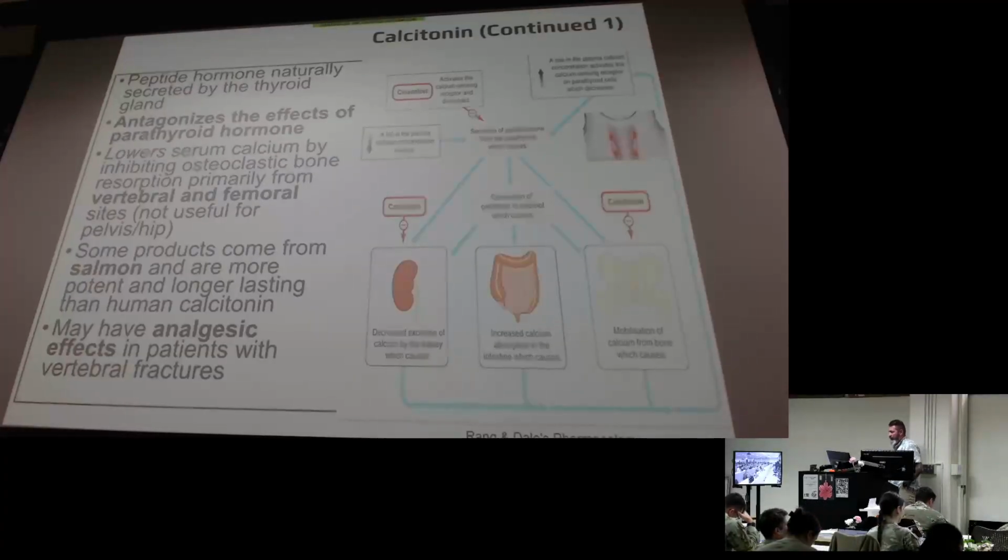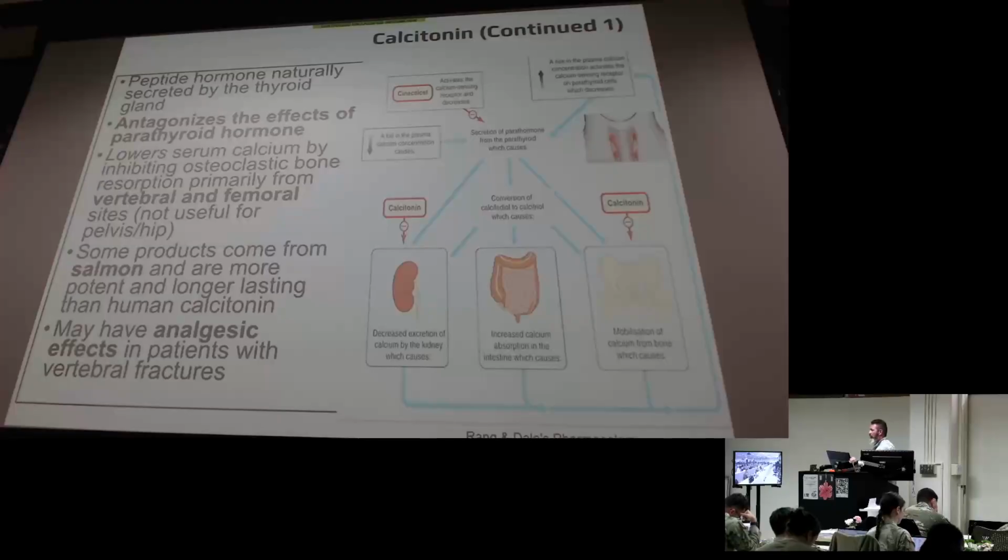All right. So next class of meds, calcitonin. It's a hormone. We said we only had one medication that works on the osteoblast side. What was that medication? Teriparatide. So calcitonin is a hormone that weakly inhibits osteoclast activity.